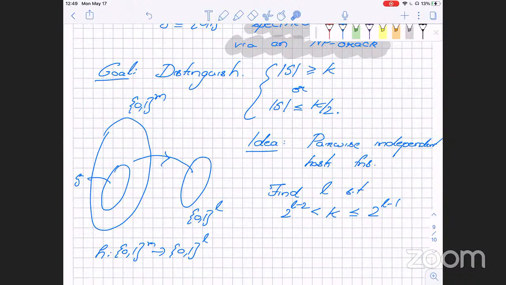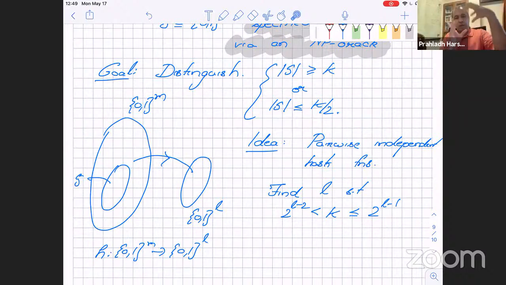And that's going to be the basis of this. So is the idea clear? You're going to hash the entire universe {0,1}^m to {0,1}^L, and {0,1}^L is comparable to the size k that we were targeting.